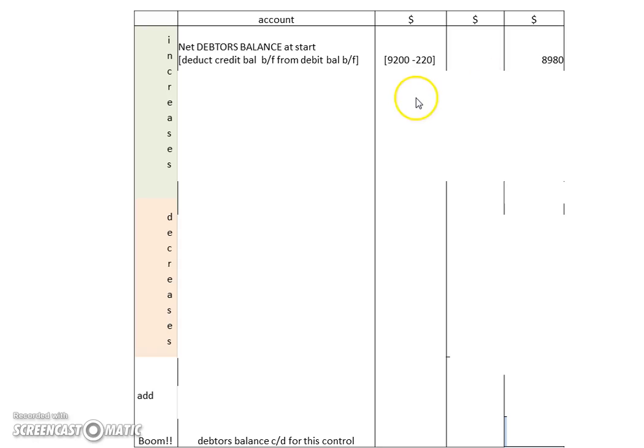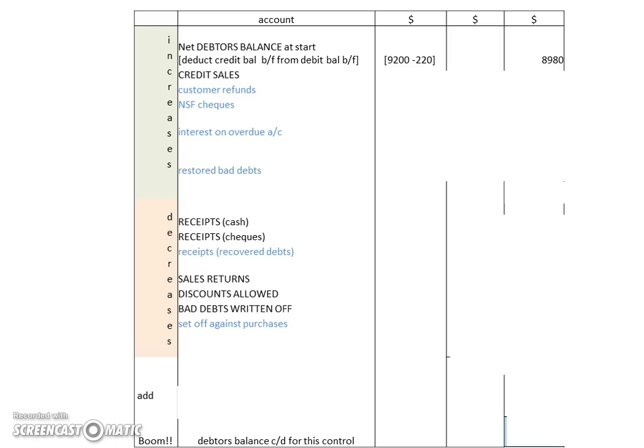So let's put in all the things now that will increase this balance. So the credit sales, the refunds, etc. And we're going to put in all those items that will decrease the balance. So that would be the receipts, the returns, the discounts allowed, the bad debts written off.